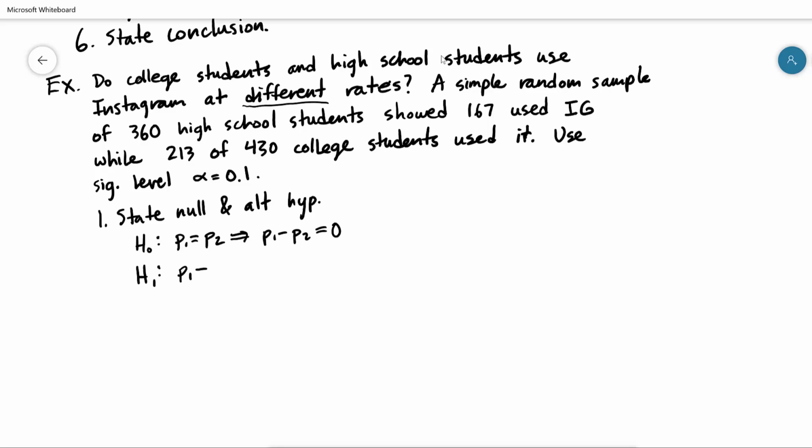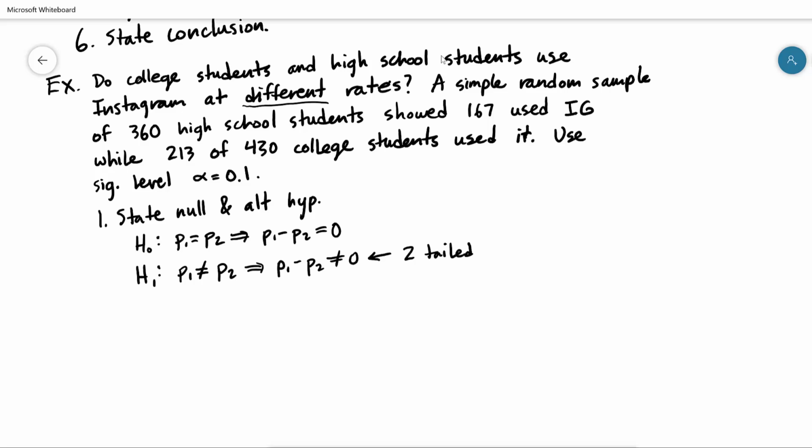Our alternate hypothesis is that P1 is not equal to P2. Alternatively, we could write that as P1 minus P2 not equal to 0. So this makes this two-tailed, which again is kind of by design. I don't think we've done an example of a two-tailed hypothesis yet.